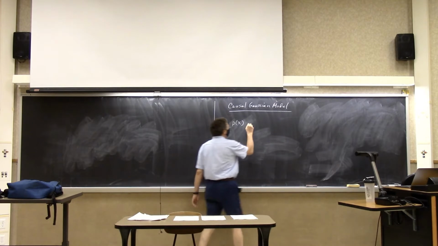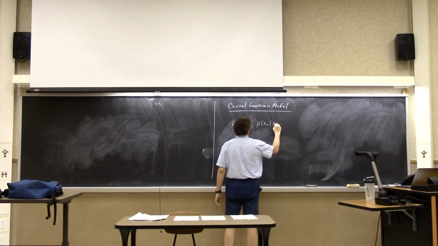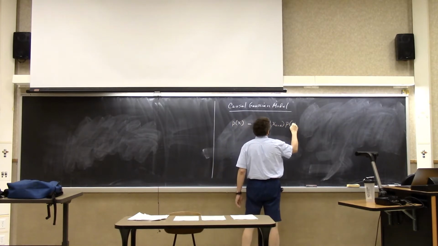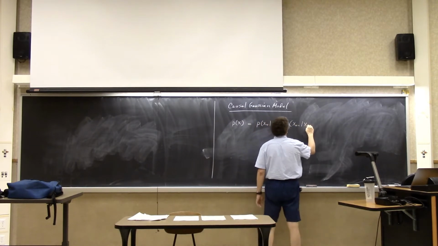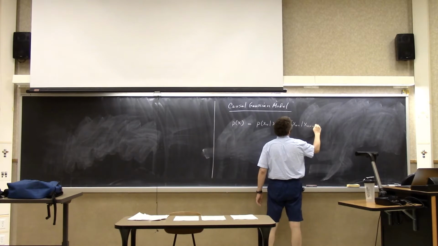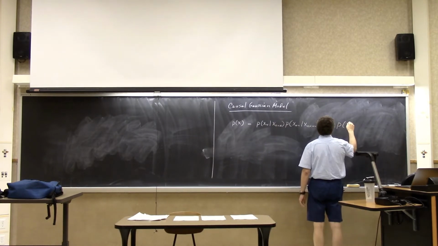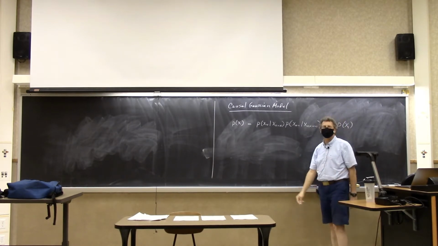So one way of doing that is that you write down p of xn given xk for k less than n, times p of xn minus 1 given xk for k less than n minus 1. And you keep going all the way till you get to p of x1. And actually, p of x1 doesn't have any conditioner on it, okay?